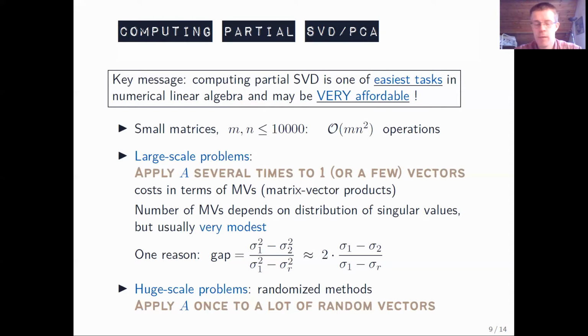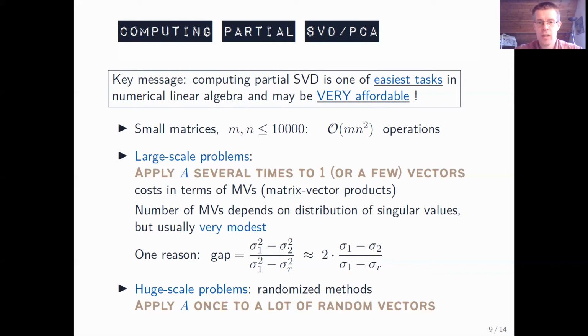It is really very, very easy compared to many other difficult tasks. So what not everybody is always aware of is that this partial, this truncated SVD is usually very avoidable. So let's see how that comes about.